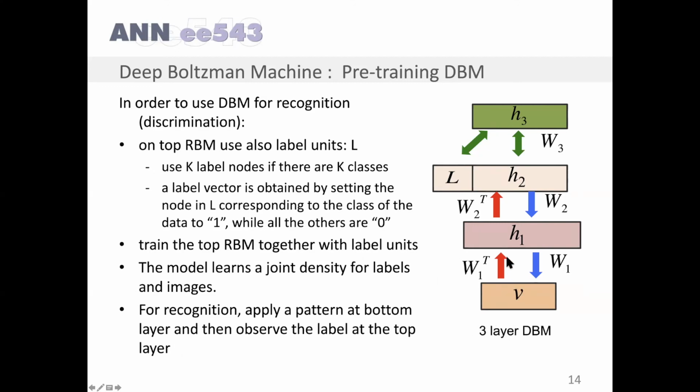For recognition, apply a pattern at the bottom layer. By using the forward directions, find the outputs of hidden neurons here. And then, by using this recurrent network, observe the values for the labels. Then the expected value of the outputs of the units observed here can be used to find the corresponding class for the applied pattern.